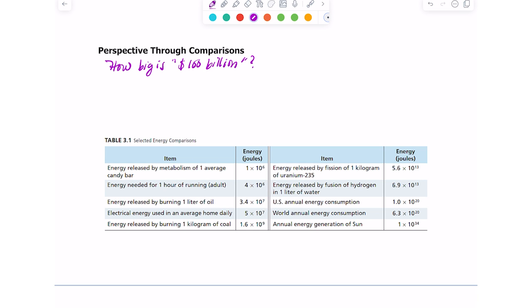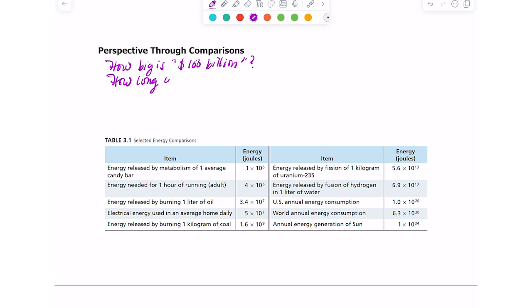I want you to really think about that. You could win $100 billion, you could earn $100 billion, but how big is that? How do you even think about that? One way to look at it is how long would it take you to count $100 billion in $1 bills?